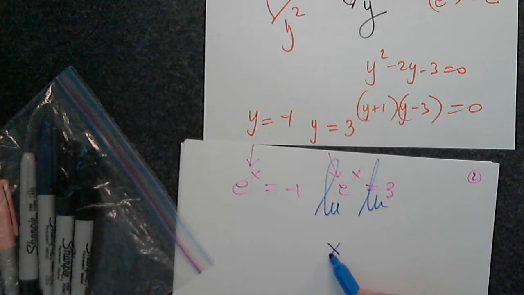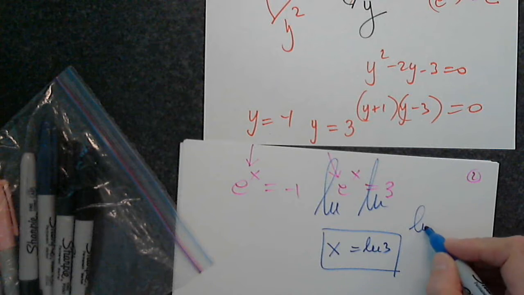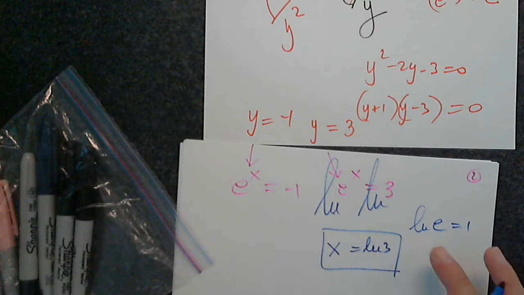X goes in front as a factor. How much is natural log e? Very good. Equals natural log 3. Please remember, natural log e is 1 indeed. E raised to the first power is e.